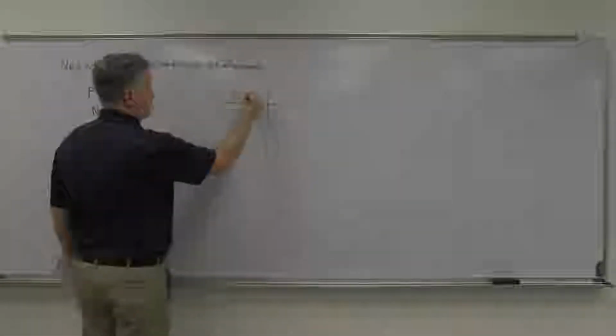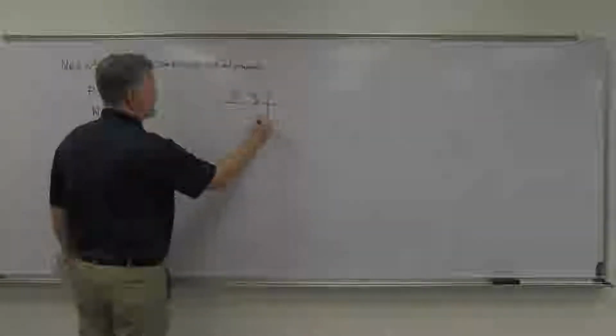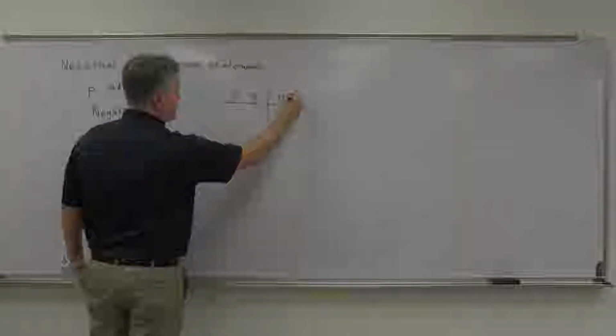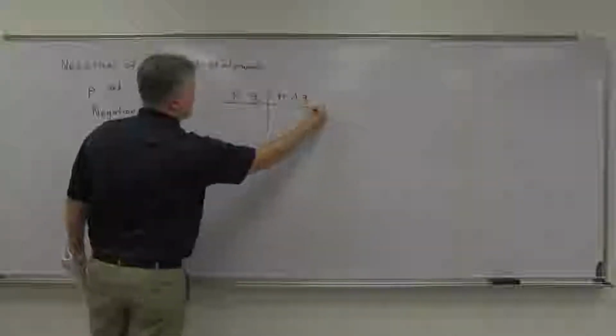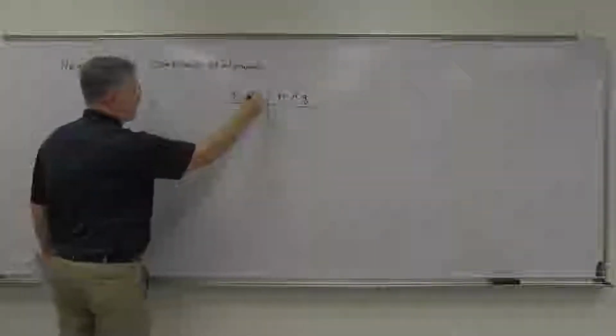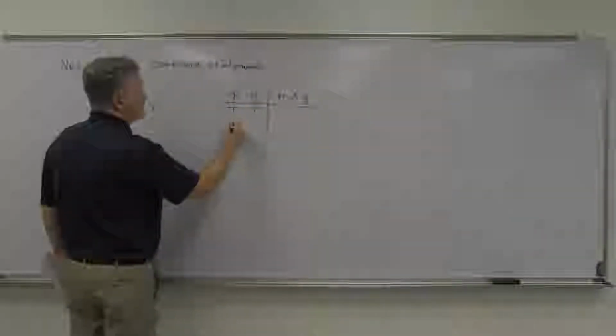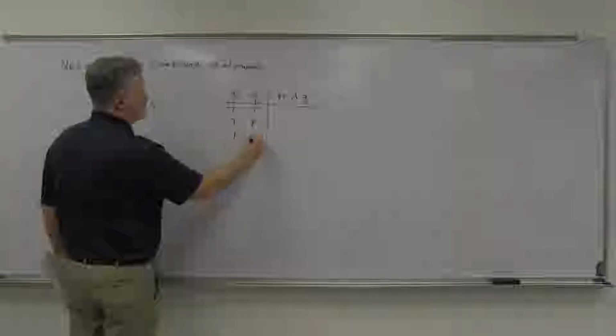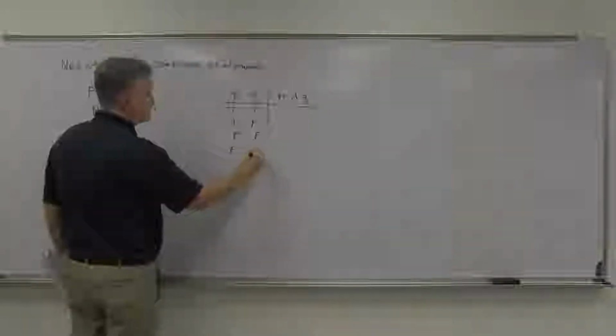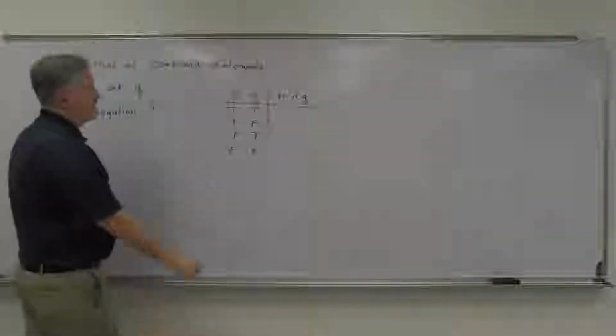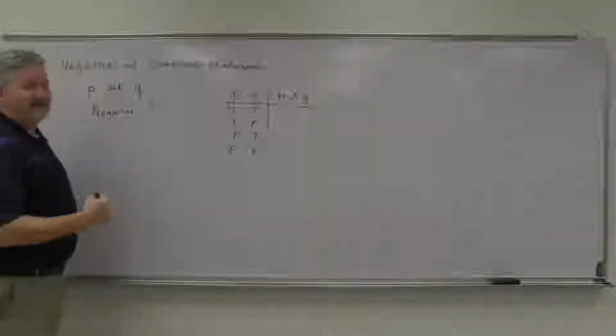Let's look at the truth table here for the and statement, and then some different possibilities. So for P's and Q's, we got true, true, true, false, false, true, false, false. And we know and, how does and work?